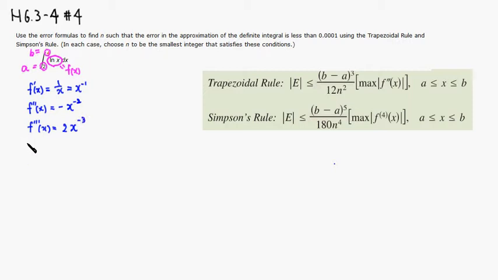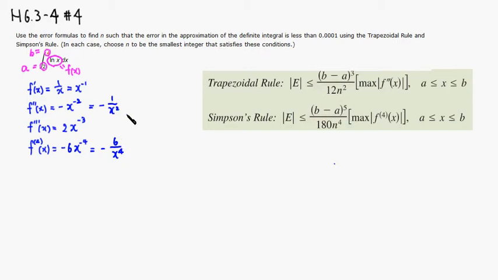The fourth derivative is negative 6 x to the negative 4 power. So if you want, we can rewrite this as negative 1 over x squared, and this one is negative 6 over x to the 4th.